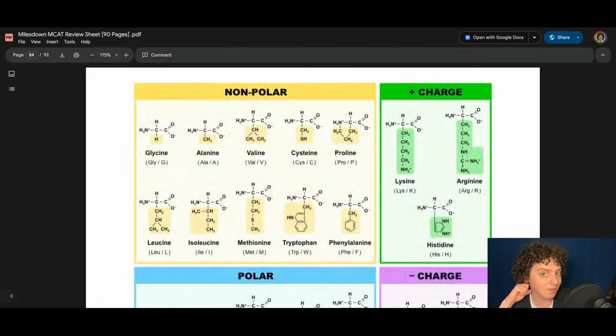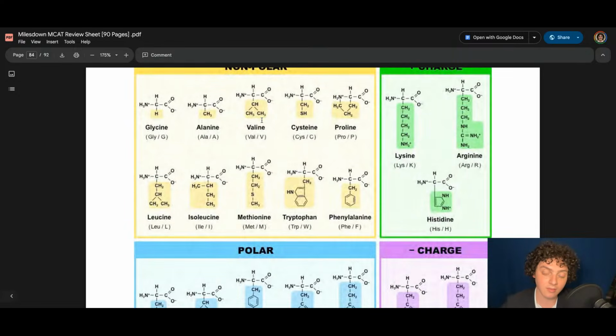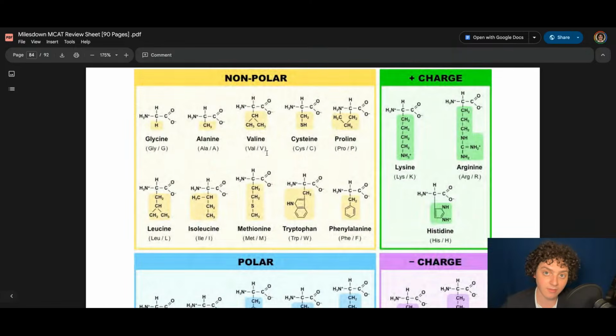The MCAT tests knowledge of the 1-letter abbreviation, the 3-letter abbreviation, and the name. So those 3 signifiers need to be memorized for every single chemical structure here. Each of these 20 chemical structures has a different set of those 3 things: the full name, the 3-letter, and the 1-letter.